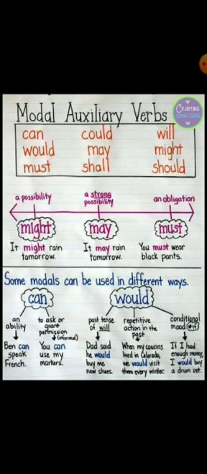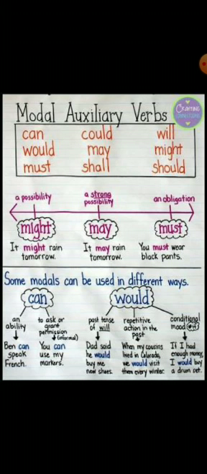Next, may. It is used as a main verb. It is used to indicate possibility, taking permission, and for blessing. For possibility, we can take an example: it may rain today, or it may rain tomorrow.